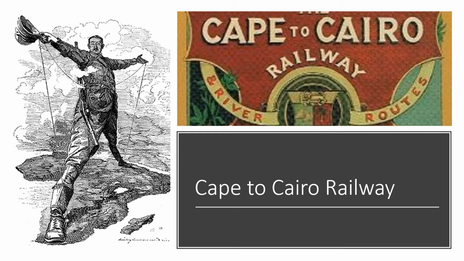Britain, Pax Britannica, with their Cape to Cairo Railway, as you can see on the left picture there, runs from one end of the continent of Africa to the other, with the British soldier holding a line of track like a piece of string there.